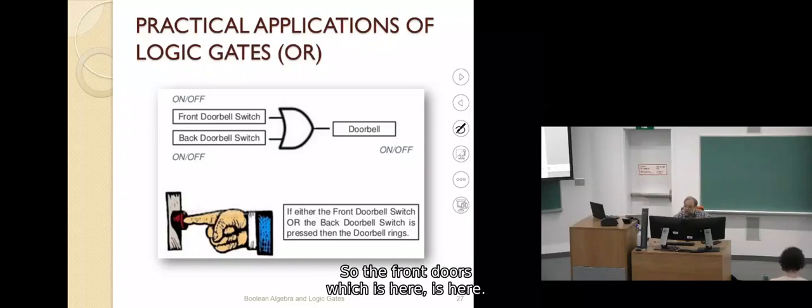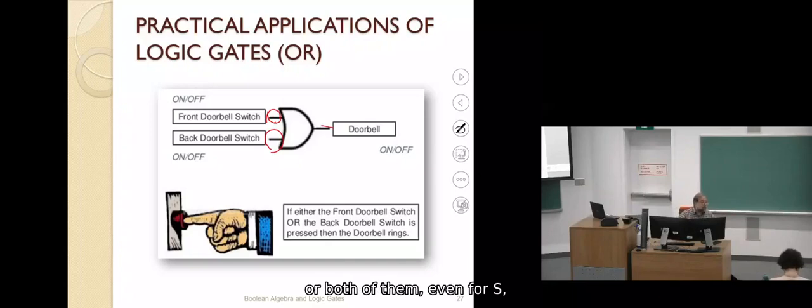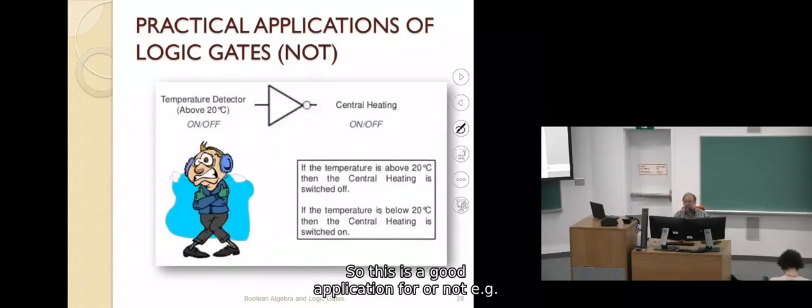The front door switch is here, the back door is here. You OR them together and connect this to the bell. Then if either one is pressed, or even both, you get the ring. Otherwise, there is no ring. So this is a good application for OR.